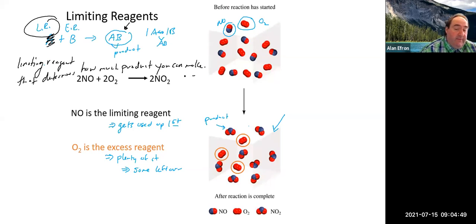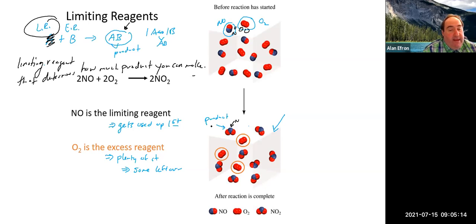And that's what we see over here. O2 has just oxygens. NO has a nitrogen and an oxygen, which means once all of our NO runs out, there's no possible way to make any NO2 because we don't have the needed nitrogen in this example. They're all gone.